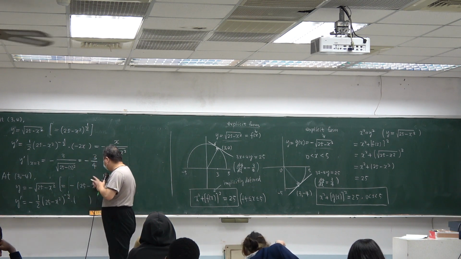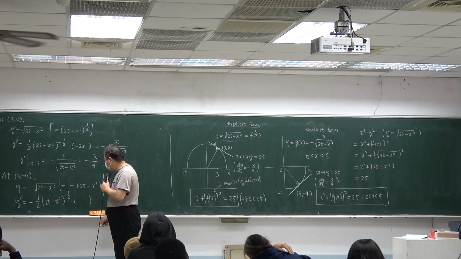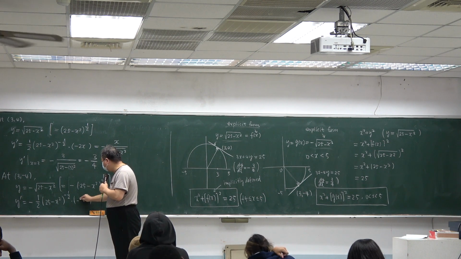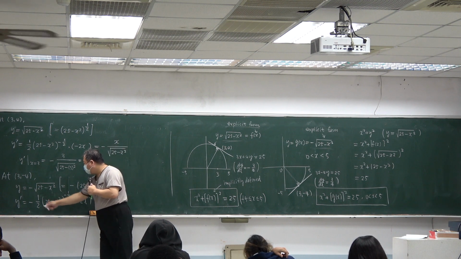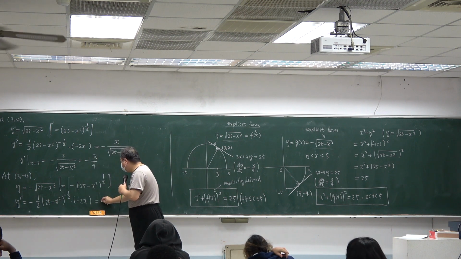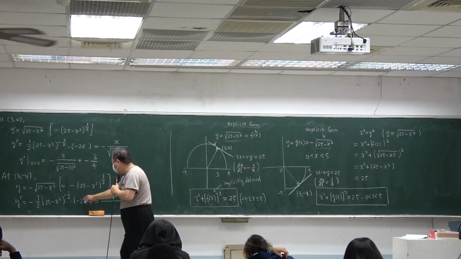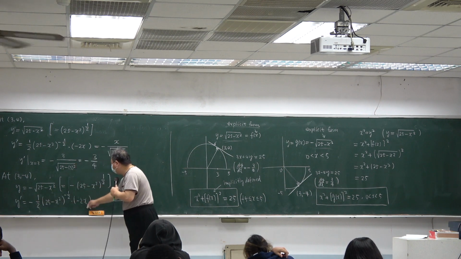Then times the derivative of the inner one. Minus and minus is positive. And the 2 and the 2 are cancelled.